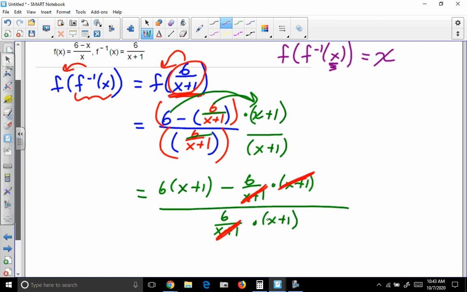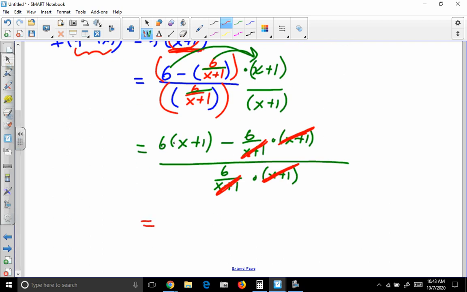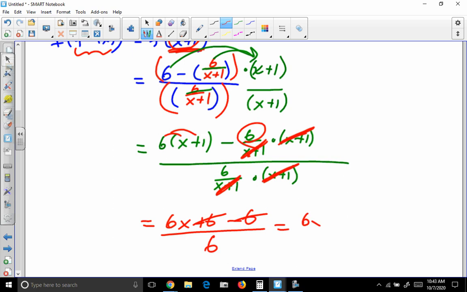This x plus 1 on the bottom and that x plus 1 cancel. If we get rid of these parentheses, we would distribute and we would get 6x plus 6 minus 6. And on the bottom, we would have 6. Well, 6 minus 6 makes 0, so 6x over 6. The 6's cancel, and we're left with x.